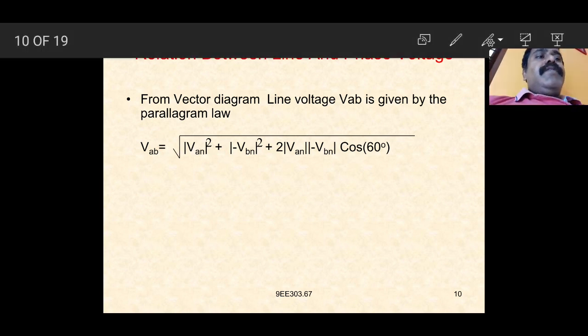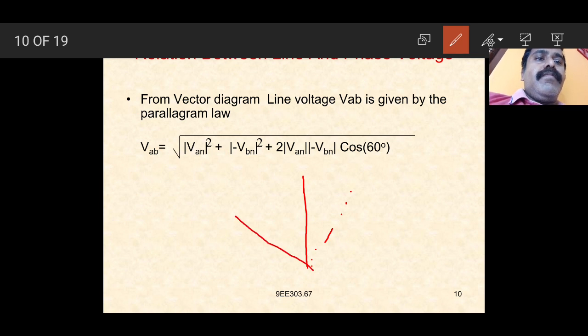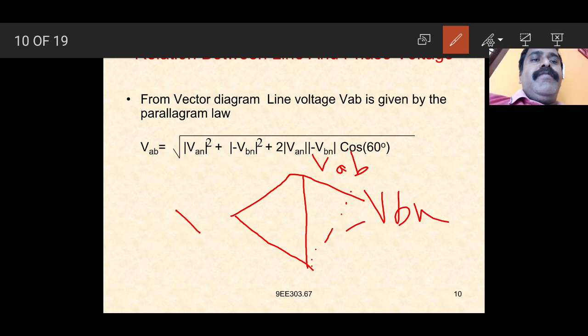Here we express VAB as VAN minus VBN, and VAN is a 60 degrees line.